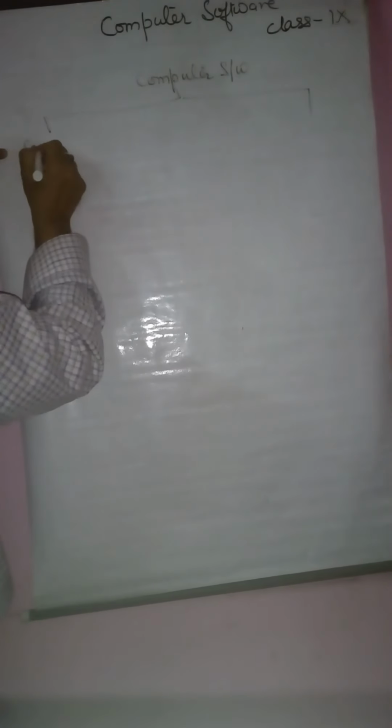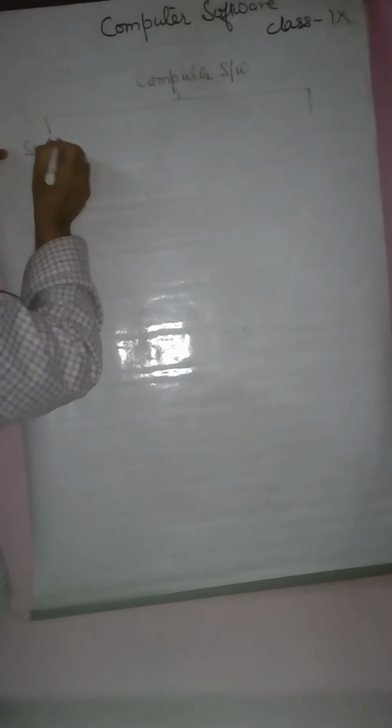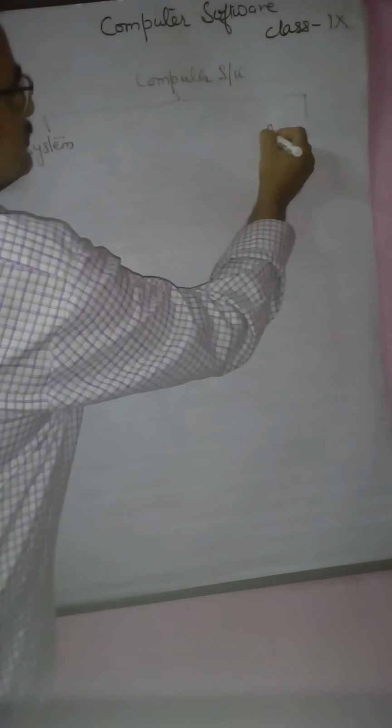Software cannot be touched or seen, but different hardware works according to the instructions of the software. So we can divide computer software in short. Computer software is of two types: system software and application software.